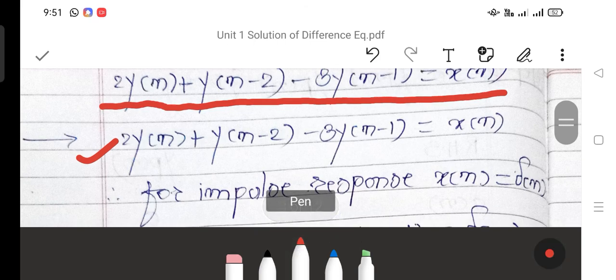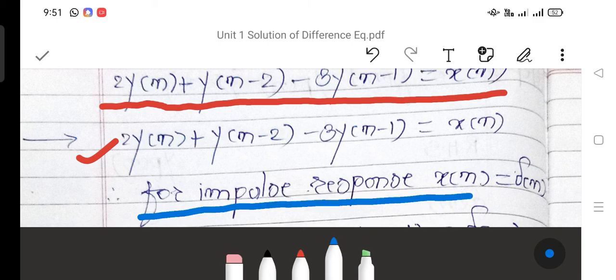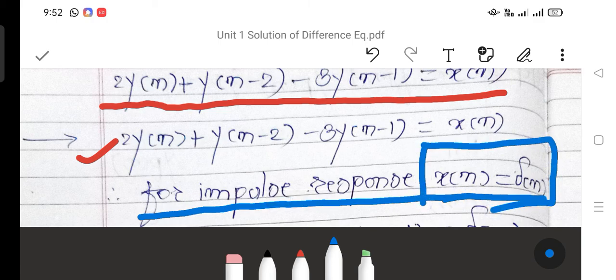So for that purpose, x of n is del of n. Correct, input will be del of n because we have to find the impulse response.